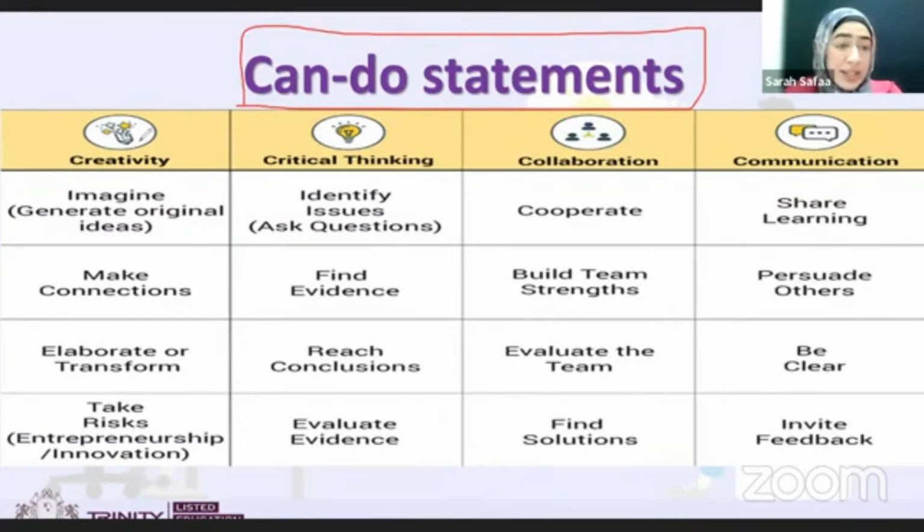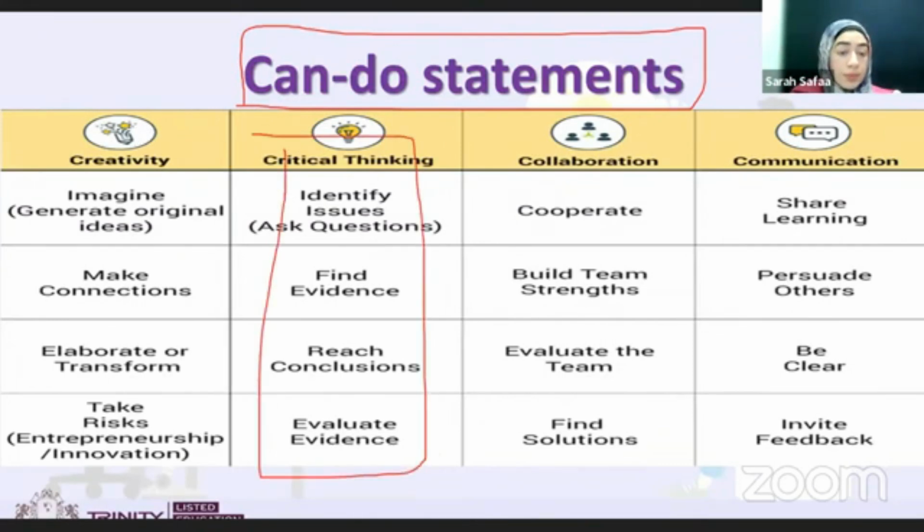So let's take, for example, critical thinking. So look at your student. Is he able to identify issues and asking questions about these issues? If yes, so tick it. Is he able to find evidences? If so, give it a tick.